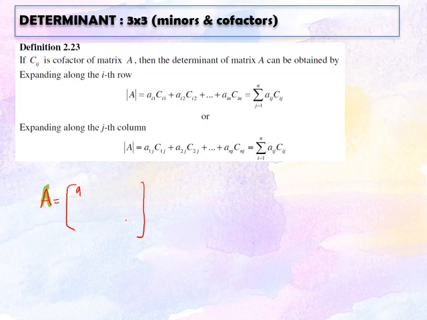So it's A11, A12, A13, A21, A22, A23, A31, A32, A33.